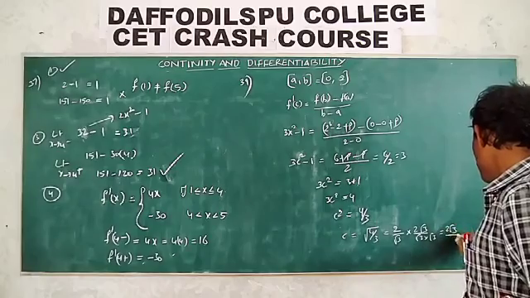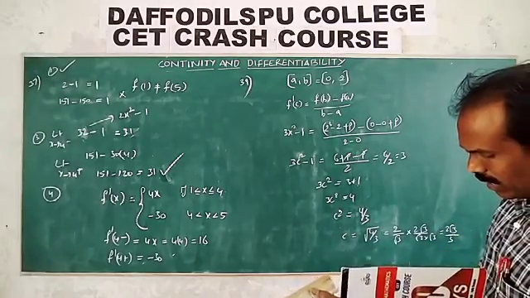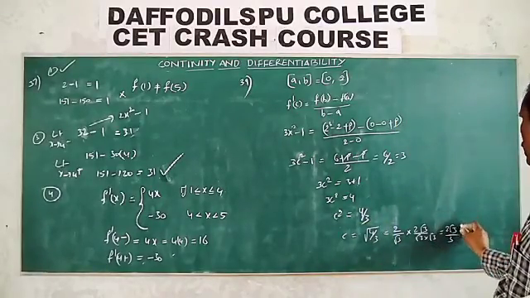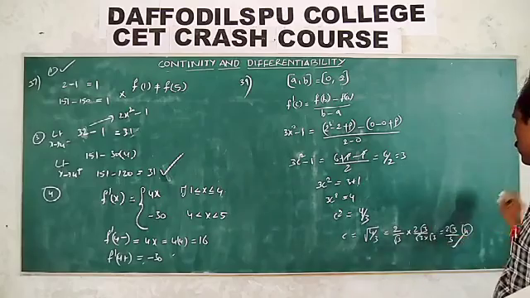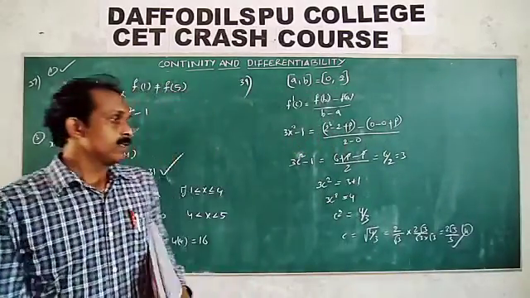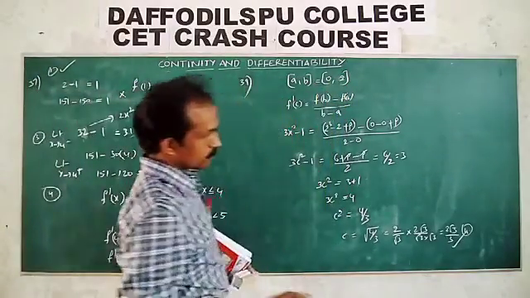Therefore 2 root 3 by 3 times root 3, that is 2 root 3 by 3. The c value 2 root 3 by 3 is the fourth option, the correct answer. So the fourth option belongs to 0, 2.